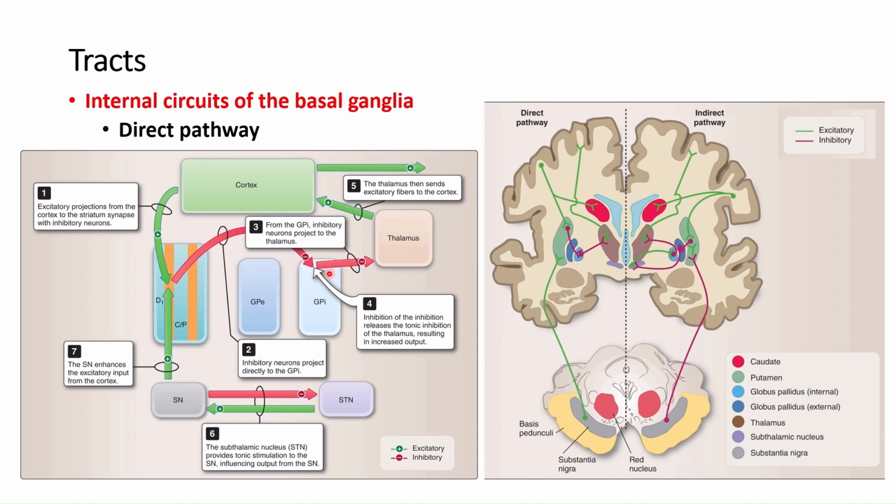That's a little bit confusing. Normally these inhibitory neurons are inhibiting the thalamus. So this is normally what's happening.